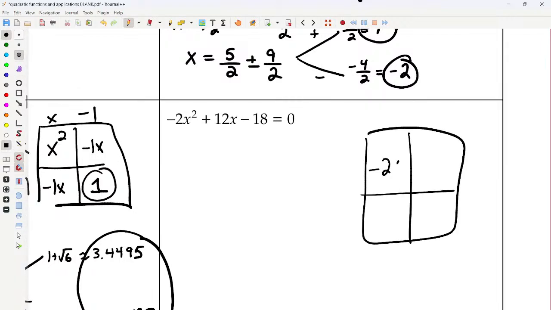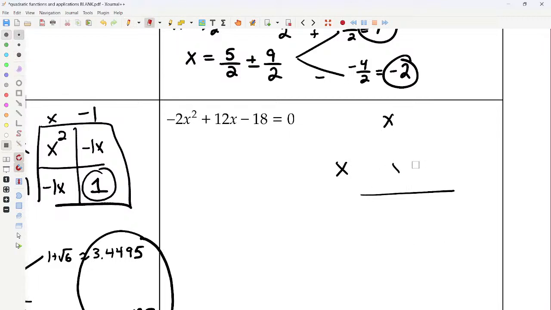All right, I have negative 2x squared here, but what the heck do we put outside here? Well, x times x gets us close, but what times itself is going to make a negative 2? That's called a complex number. It opens up way too much ugliness, which we won't attack because there's a much simpler approach, which is simply to do what?